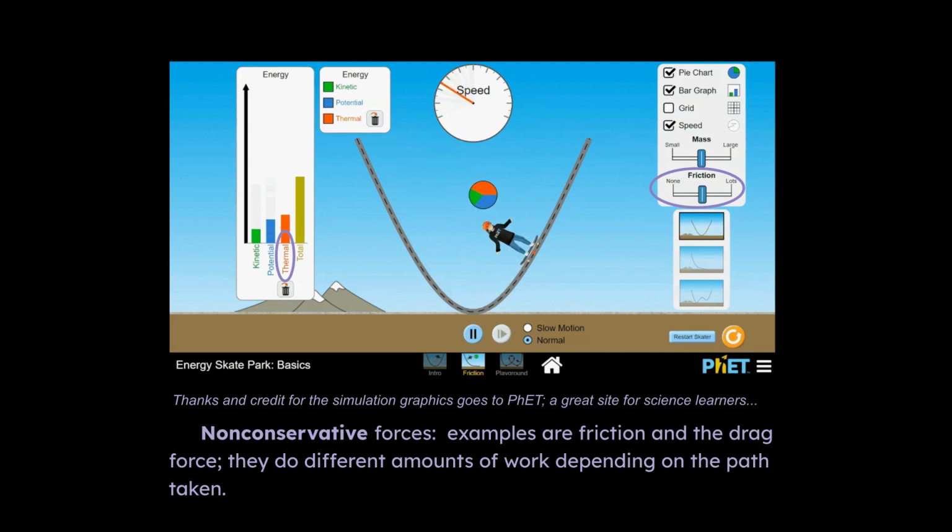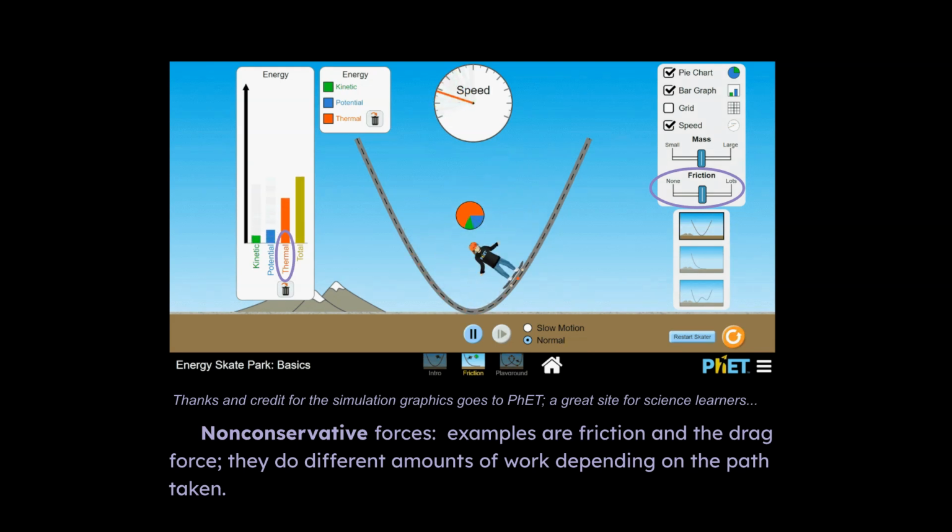Alright, let's take a look at the second example I wanted to point out. This is demonstrating non-conservative forces here. So notice that friction is significant here, you could say, and as a result we do have thermal energy that inches up. And it does matter in terms of the path that is taken for a non-conservative force. In other words, it would matter if this person went back and forth 1 time versus 50 times versus 100 times.